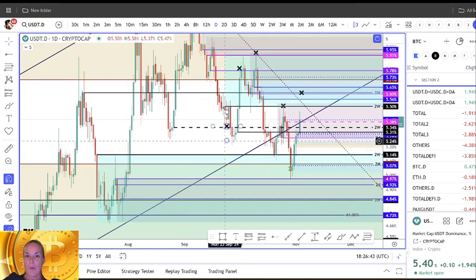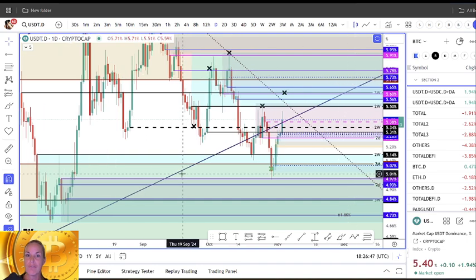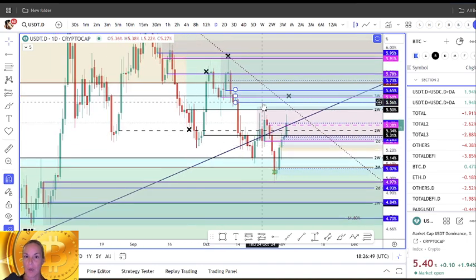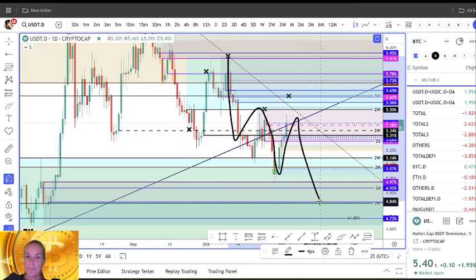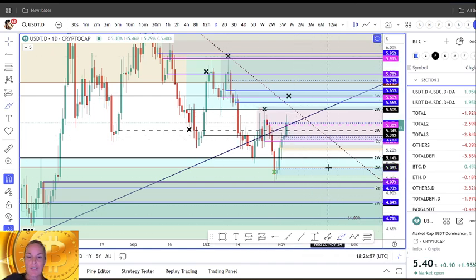But we've still got to make a higher low in here and start to see an uptrend form on the daily, because at the moment we're still in that last down move. So it could still make a lower low from the daily perspective. So indecisive, but got that solid support at the lows.